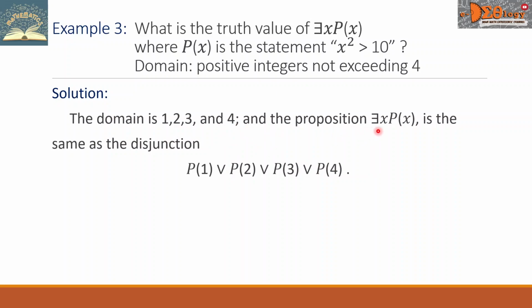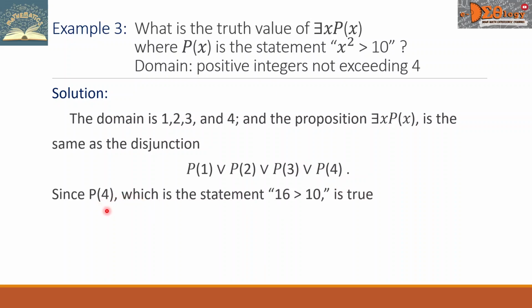And the proposition for some x p of x is the same as the disjunction p of 1 or p of 2 or p of 3 or p of 4. Since p of 4, which becomes the statement 16 is greater than 10, that is 4 squared is greater than 10, is true, it follows that for some x p of x is true.